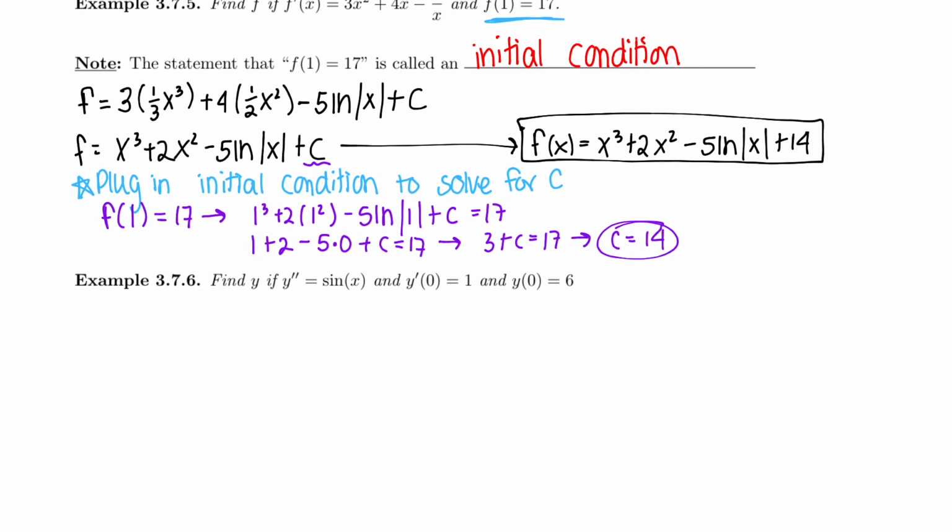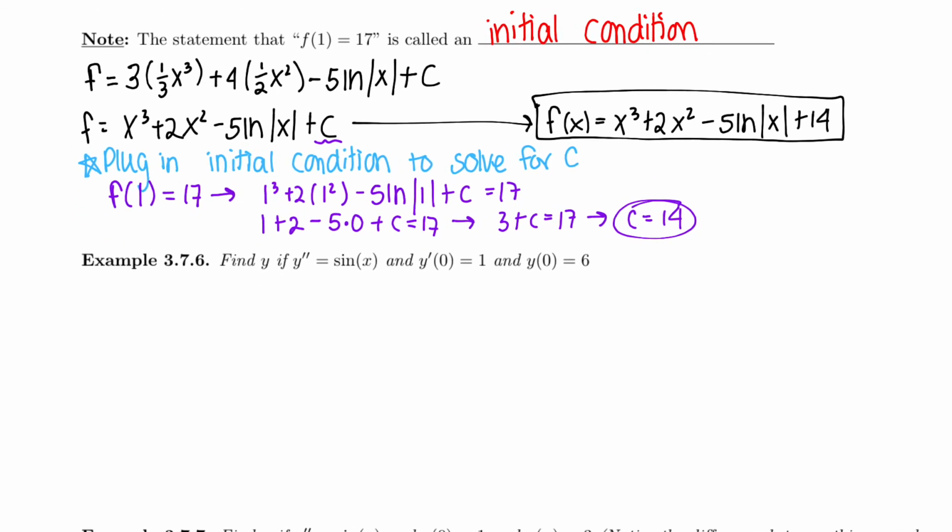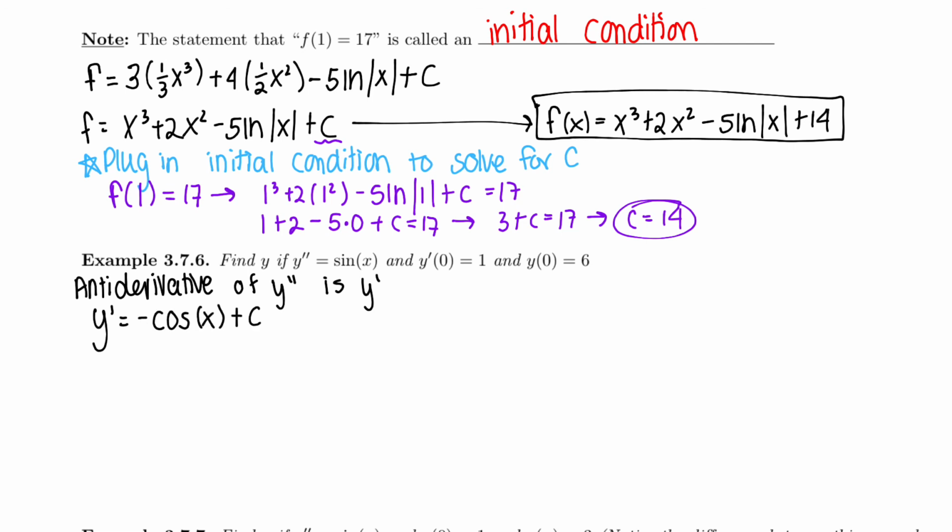So let's try it with a different one. Here we're given y double prime. If we find the antiderivative of y double prime, that is just y prime. So y prime, we know the antiderivative of sine is negative cosine x plus c. And we were given an initial condition here, if you look.